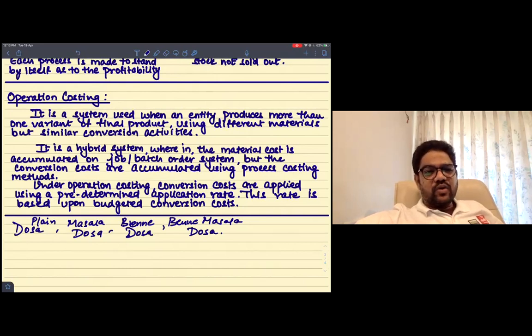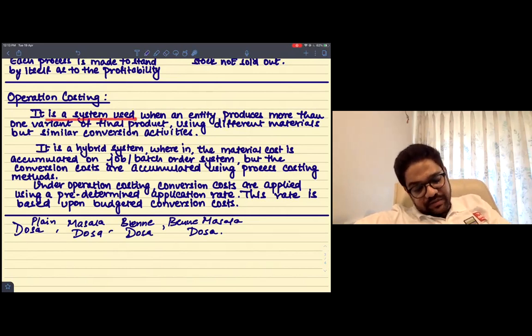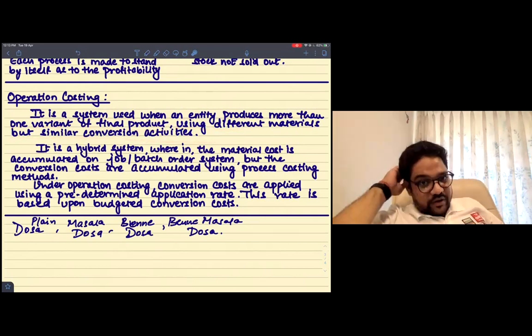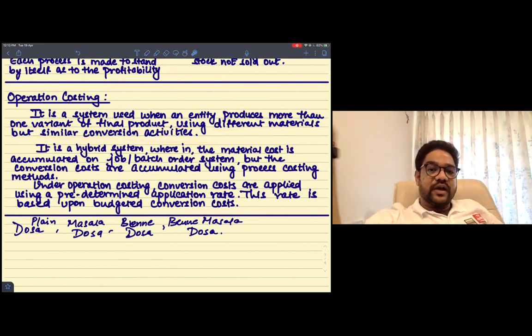That's the whole idea of operations costing, which is why it says it is a system used when an entity produces more than one variant of the final product using different materials but similar conversion activities. The ingredients in a plain dosa and a masala dosa would differ, but the way to make them almost remains the same.